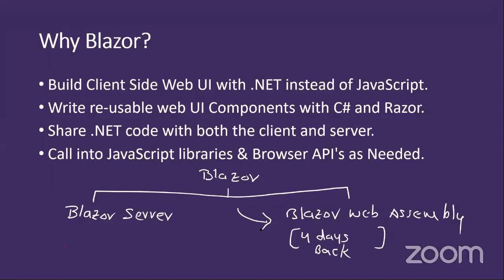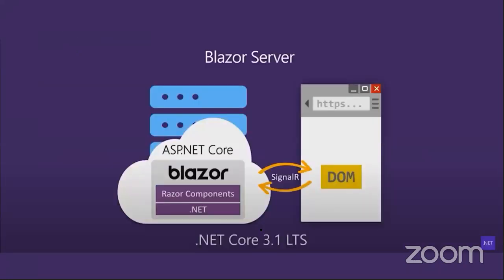So what is Blazor Server and what is Blazor WebAssembly? You have to know about it. Generally, what you should know about Blazor Server is that Blazor Server applications run the components on the server on ASP.NET Core.